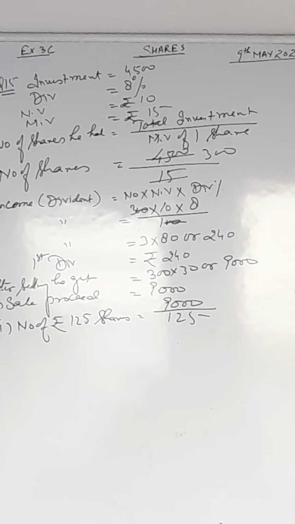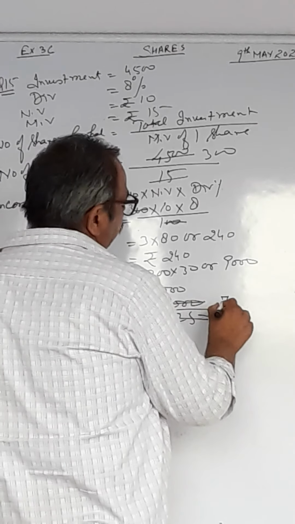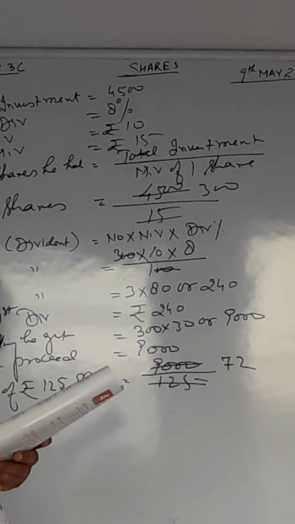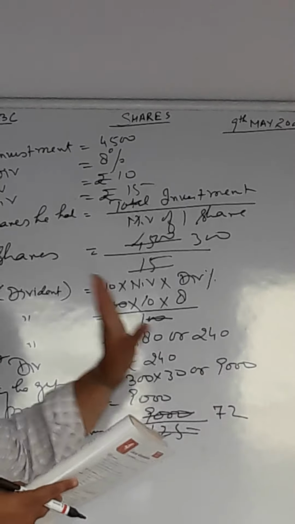Divide fast. It will be 72 shares. He has 72 shares.